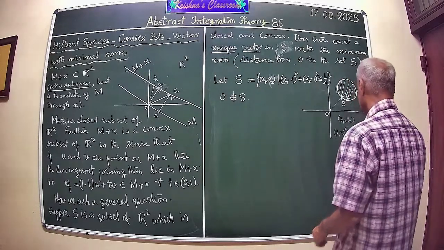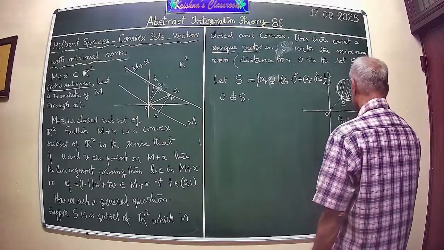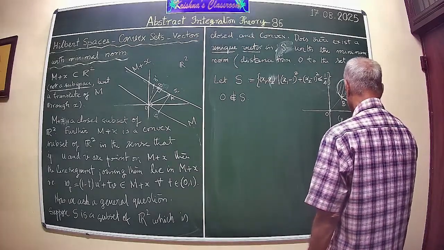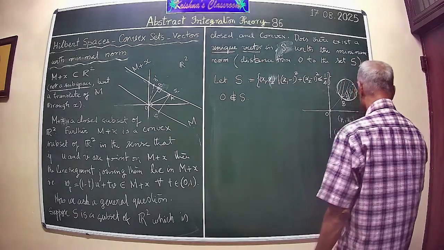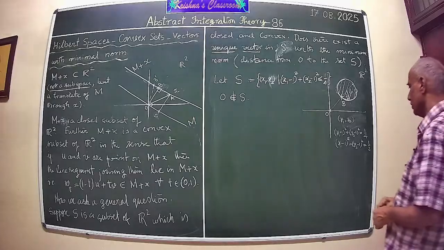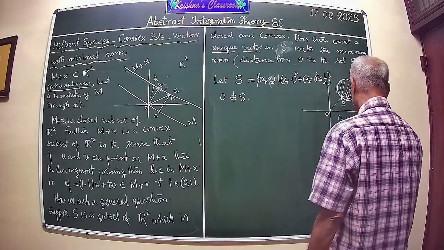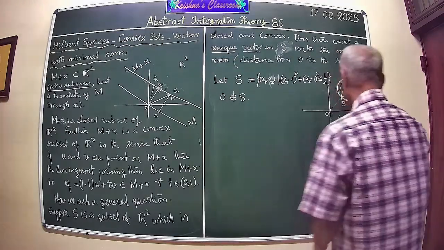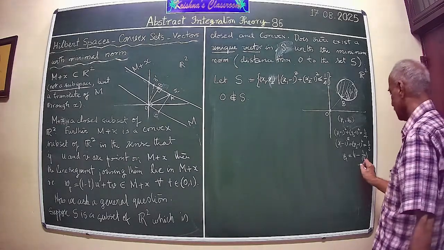So you want y1 minus 1 whole square, therefore y1 should be 1 minus 1 by root 2. So y2 is also equal to 1 minus 1 by root 2.